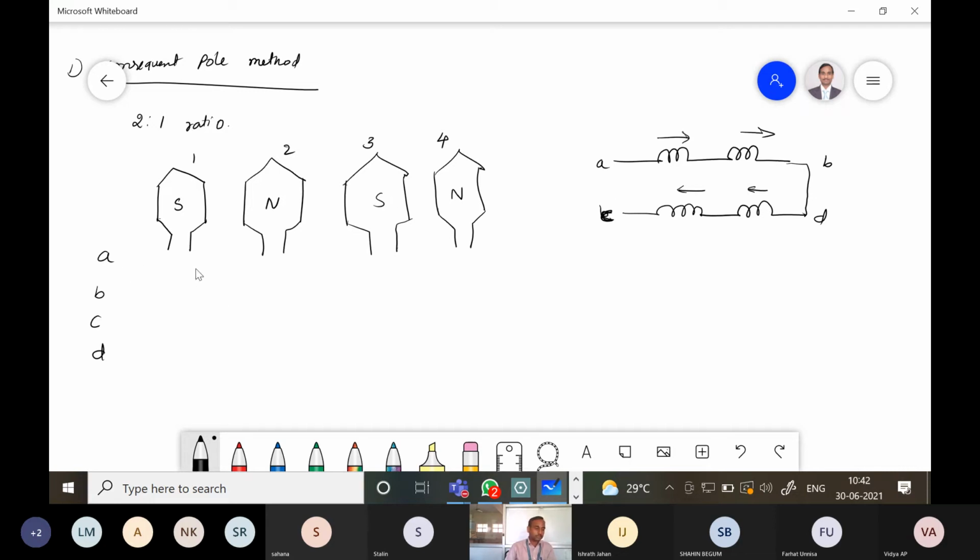A is connected to the first one in series fashion.